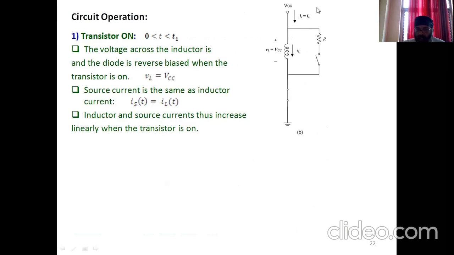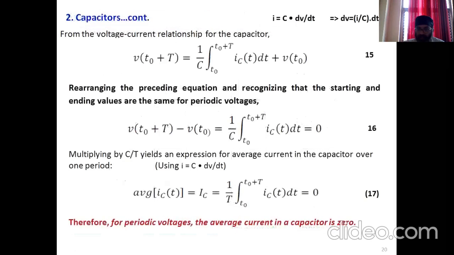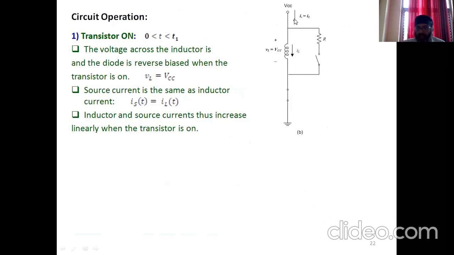So the current from this power supply VCC flows through the inductor into the transistor and then to the ground. From here, the collector is connected to the inductor and the emitter is connected to the ground. So it is a common emitter configuration. You have already studied it in basic electronics. So this collector current is now equal to the inductor current.